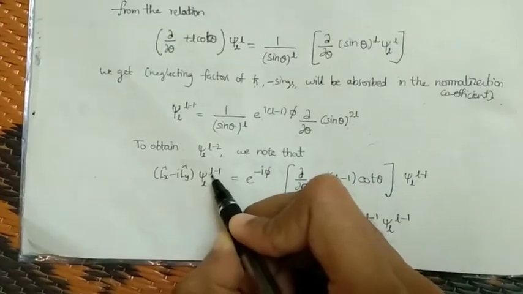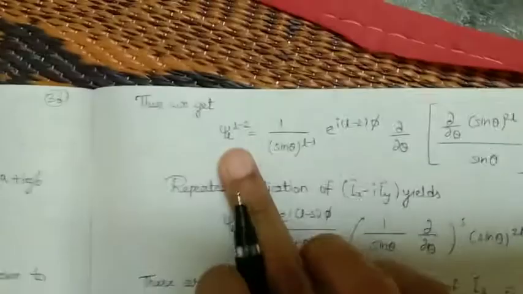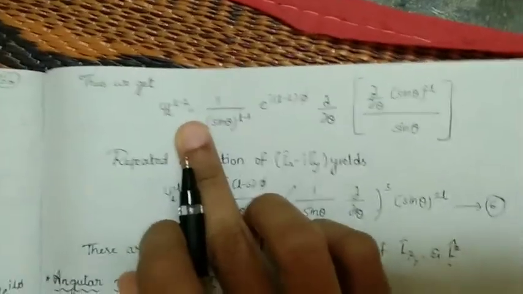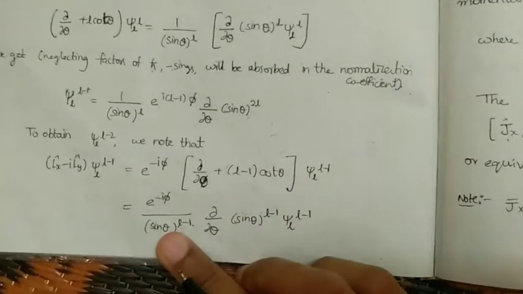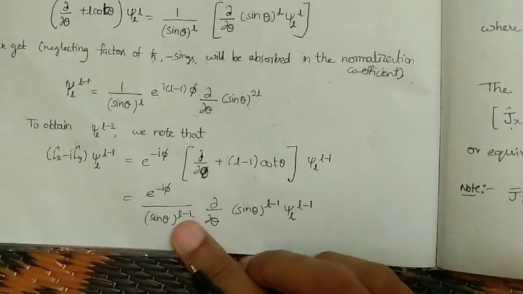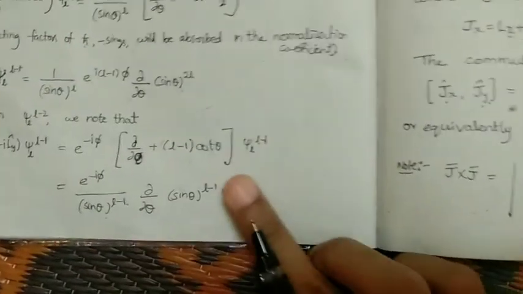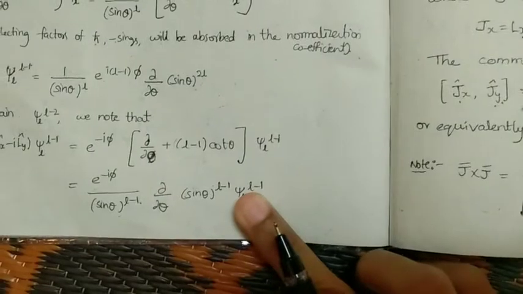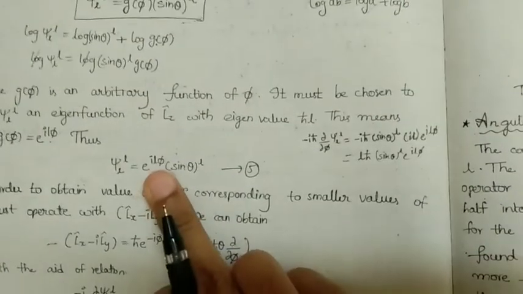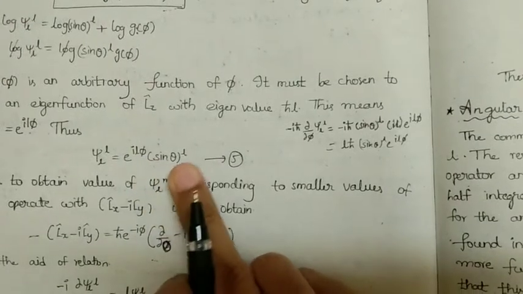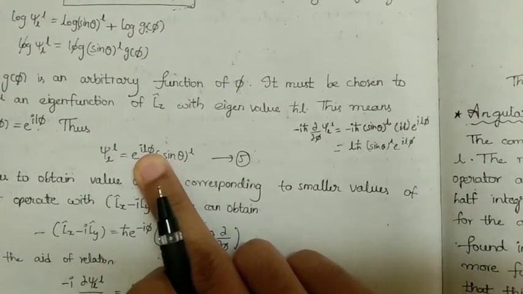Here L minus 1 is already there, so L minus 1 is nothing but ξ_L^{L-2}, another wave function. As usual 1 by sin θ to the power L minus 1, and here we have e^(-iφ). So ξ_L^{L-1} is nothing but e^(i(L-1)φ)(sin θ)^(L-1); we just need to replace L with L minus 1.